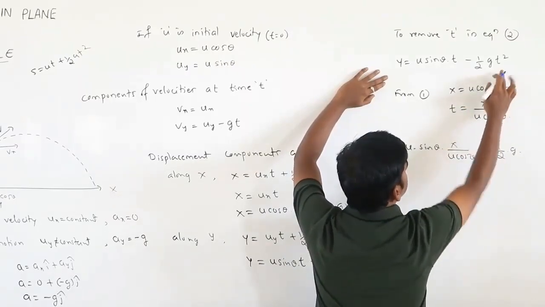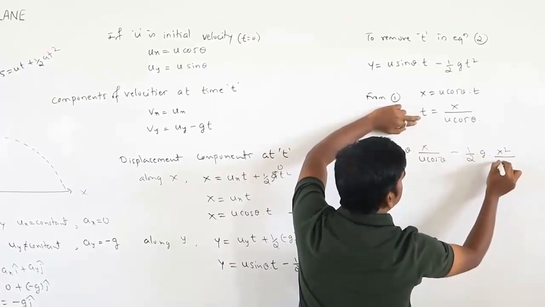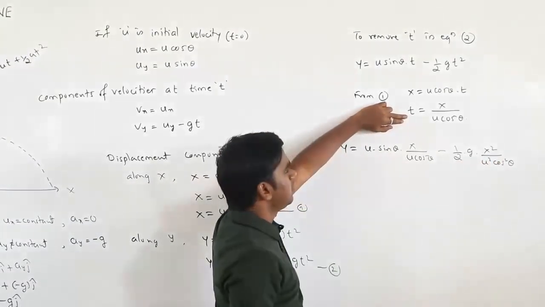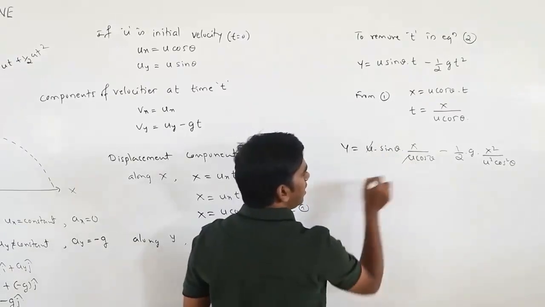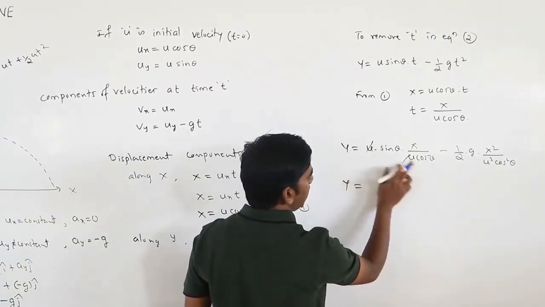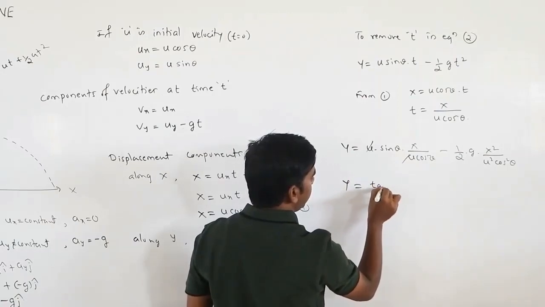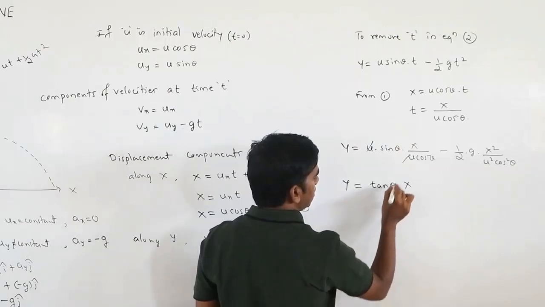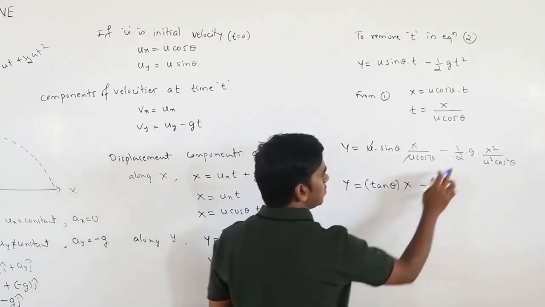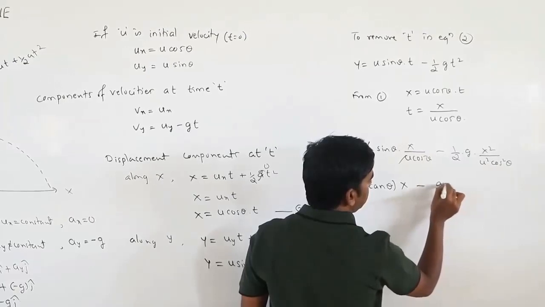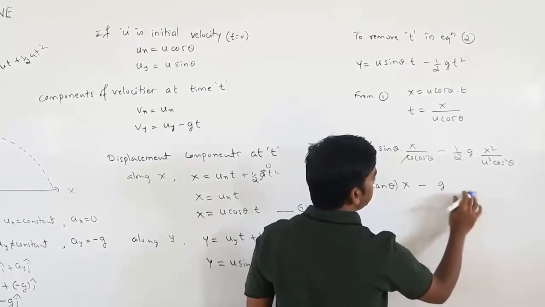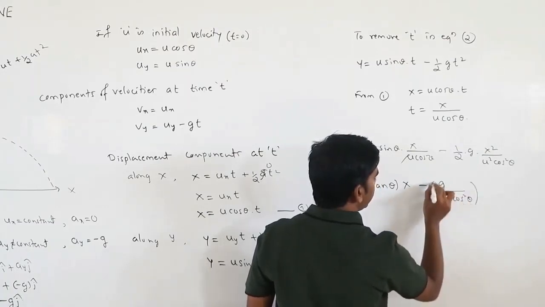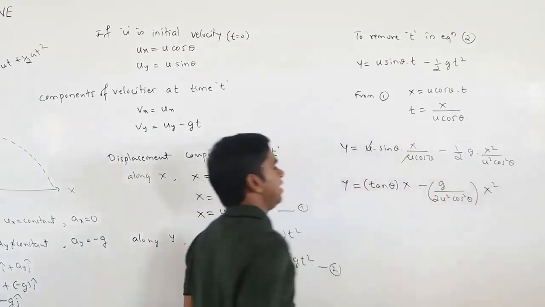as it is. What is t square? t square is x square divided by u square cos square theta. So u will get cancelled. y equals sin theta divided by cos theta, which is tan theta, into x, minus g divided by 2 u square cos square theta into x square.